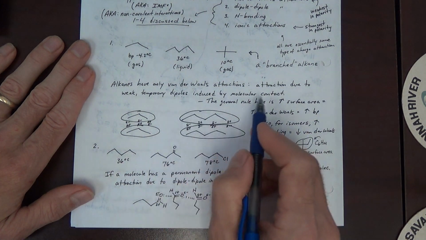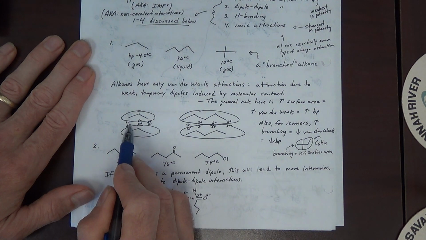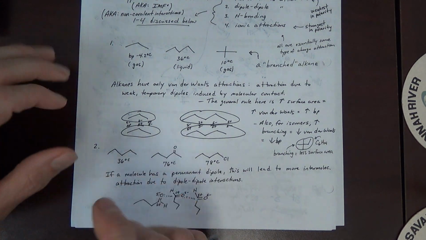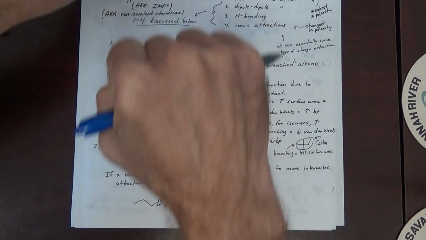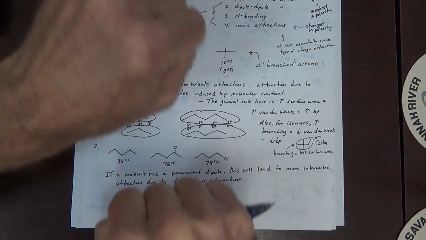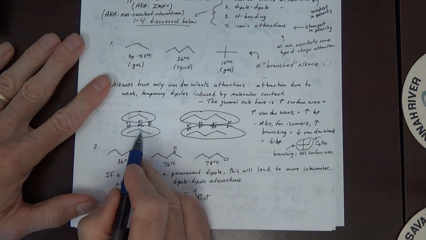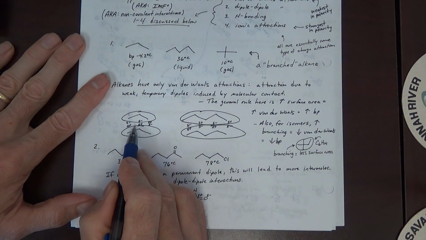Now, the temporary induced is, as these electrons come in contact with each other, they're sort of perturbed. They start moving around. Okay, we can come in and this one kind of moves, and this creates very fleeting, temporary, weak dipoles. But it's strong enough to have an effect.